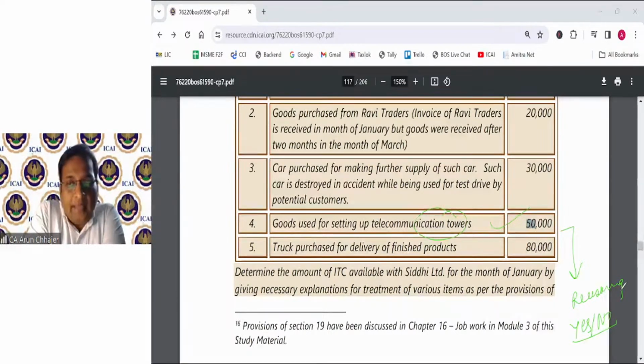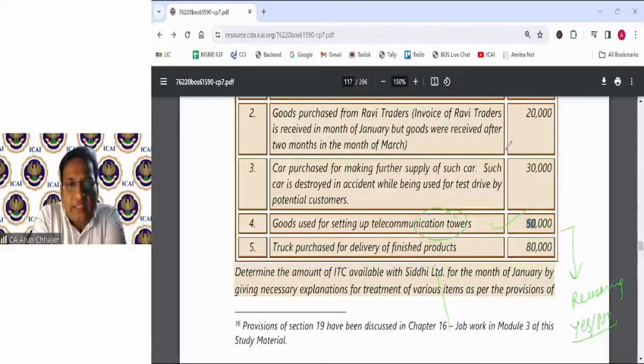If I am purchasing the telecommunication tower, can I take the ITC? It is blocked because the tower is not plant and machinery. Very nice, Prerna. For the telecommunication tower, you have to mention 17(5)(c) and 17(5)(d).